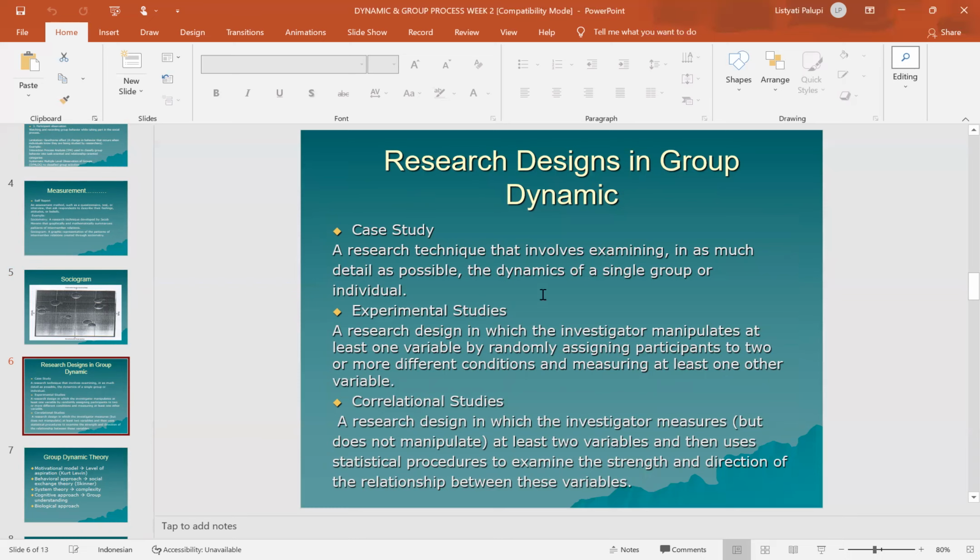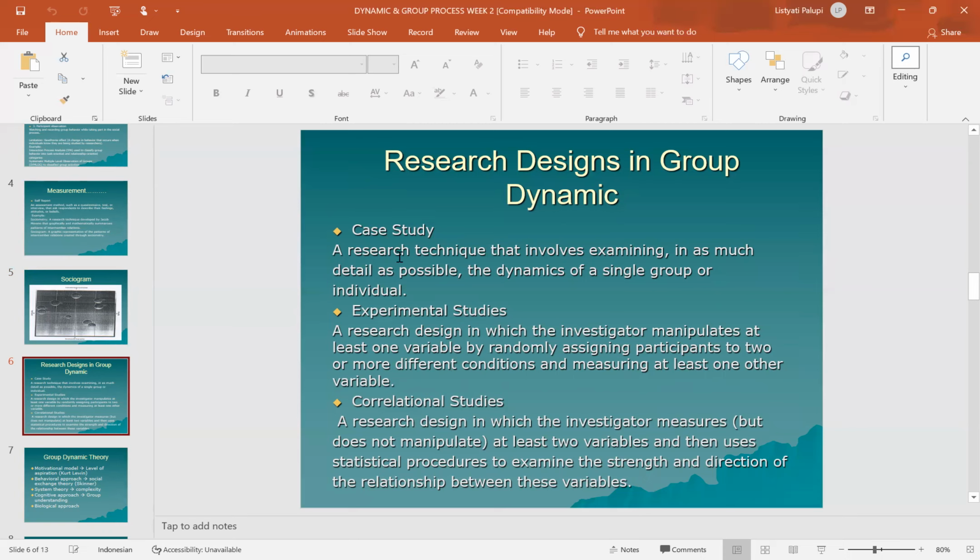There are several research designs that are usually used by scholars in investigating the processes that happen in a group. Research designs that are usually used are case study, experimental studies, and correlational studies.